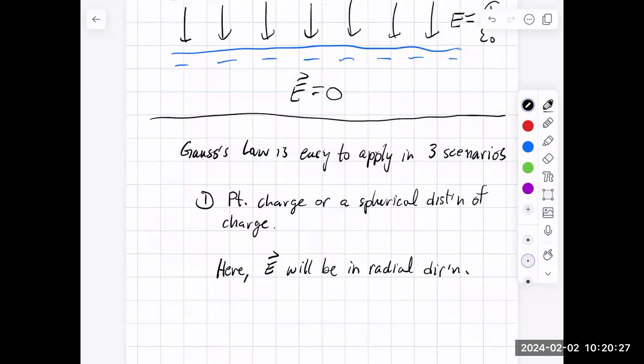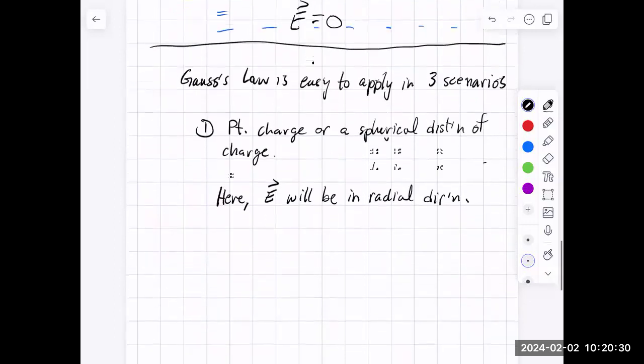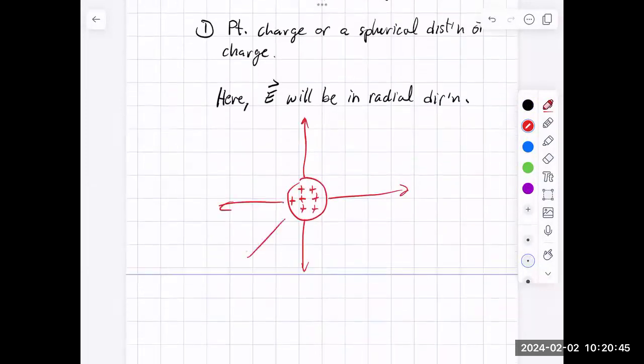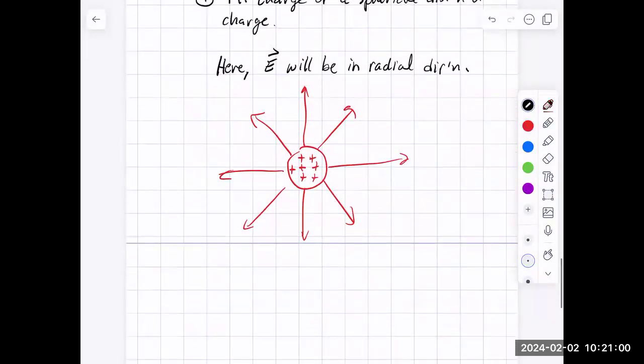Let's draw a spherical distribution of charge. It's something like this, and the electric field due to this spherical distribution of charge will point in the radial direction. I'll draw it just in this plane, but of course there are electric field lines coming out towards us and pointing into the screen as well. And so what we're going to do is select a spherical Gaussian surface.